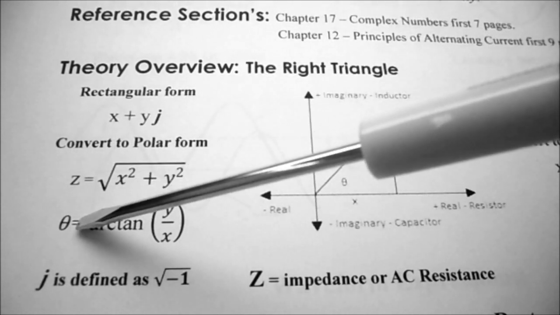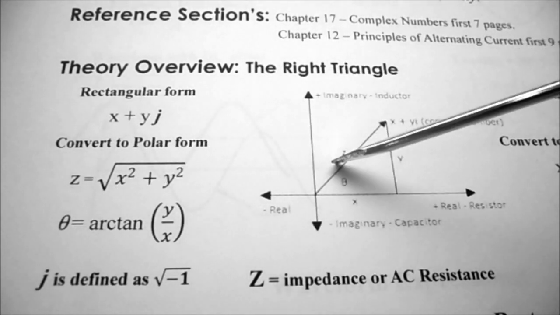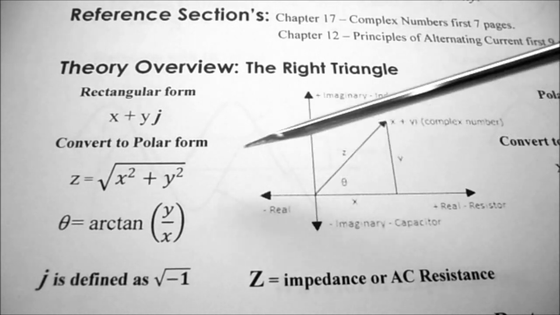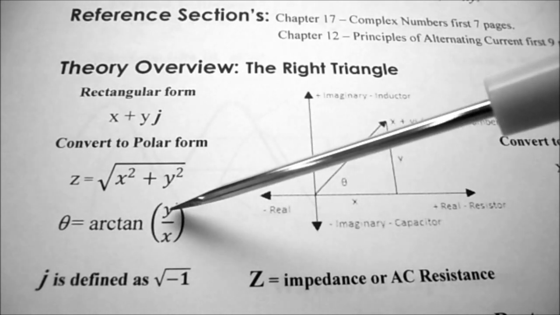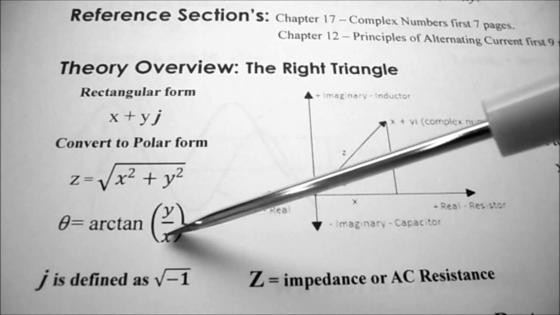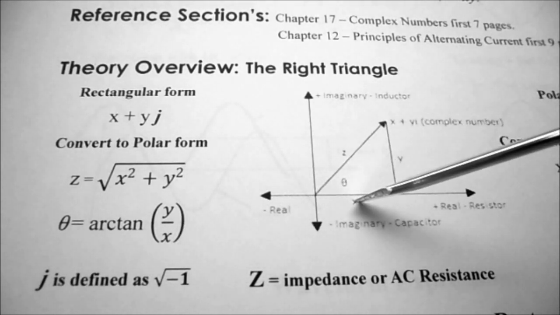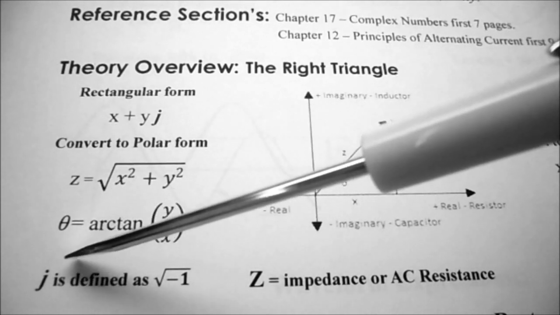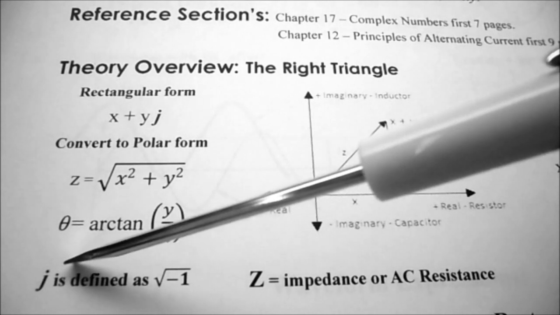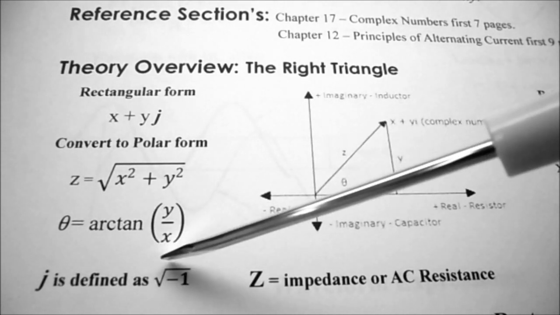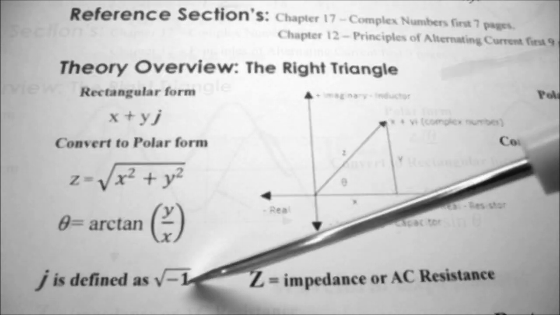And the angle that Z makes to the x-axis is arctan of y over x, so y being the opposite and x being the adjacent. Just to jog your memory, j or I is defined as the square root of -1.